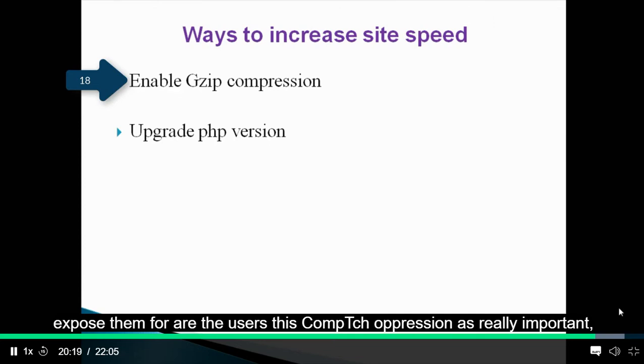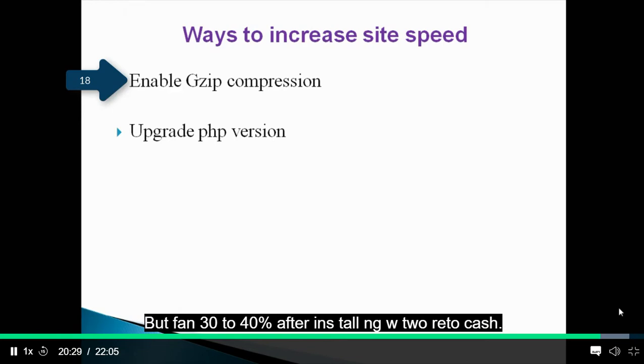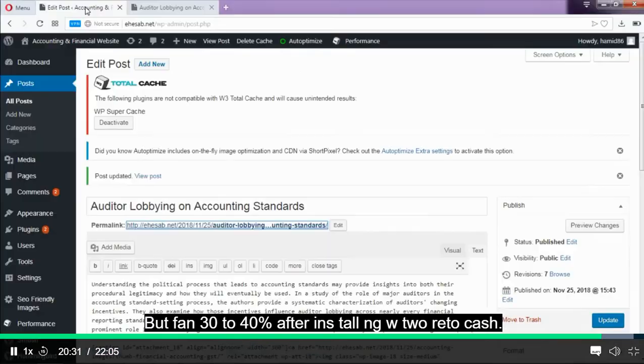This compression is really important and effective. It can reduce the primary size of your website by 30 to 40%. After installing W3 Total Cache, it can also enable gzip on your WordPress.